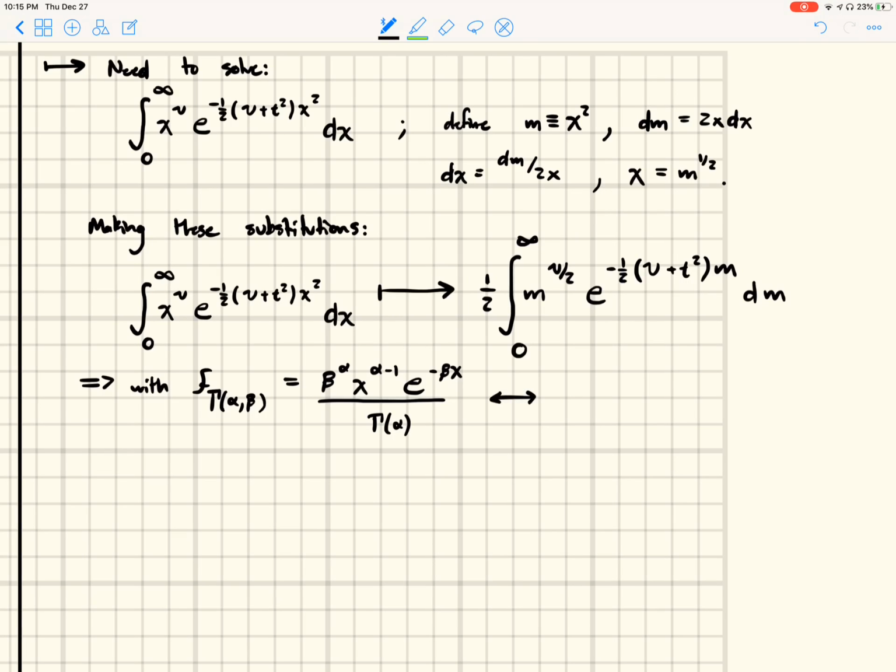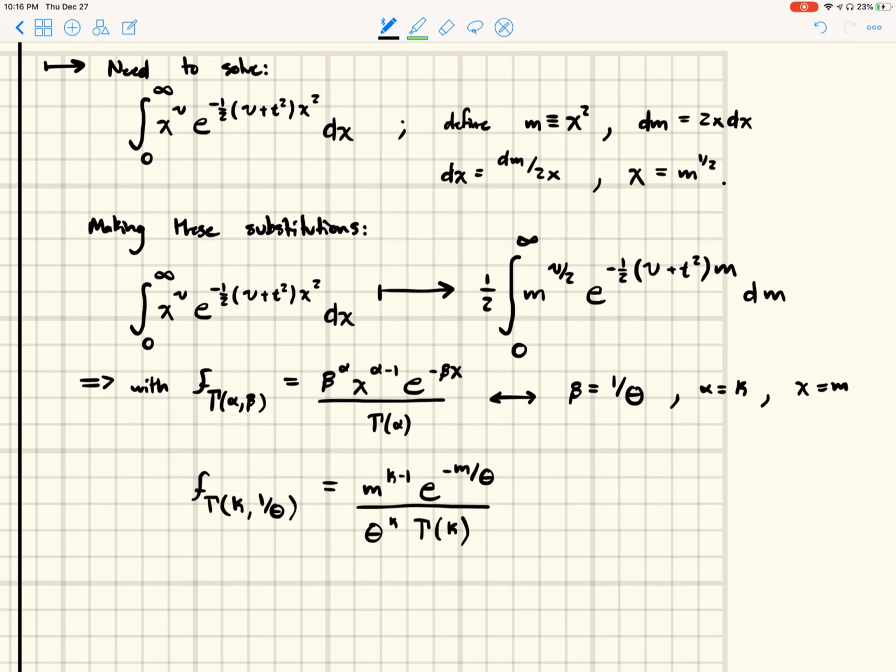We can judiciously choose new terms, and I'm just doing this for explication, to define a particular gamma distribution in terms of k and theta as m to the k minus 1, e to the negative m over theta, over theta to the k times gamma of k.